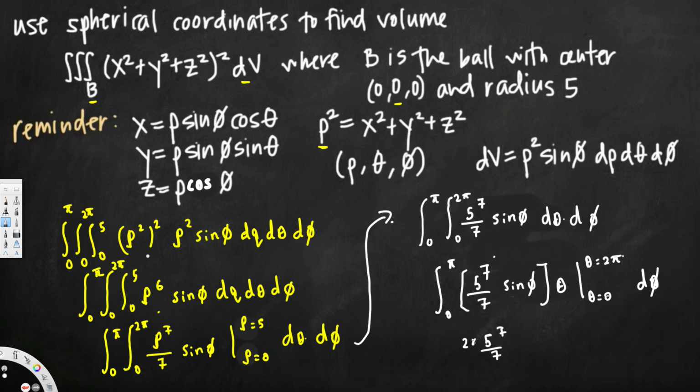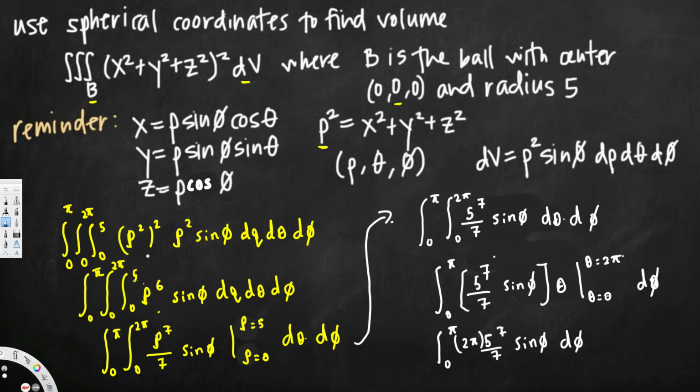I multiply everything by 2 phi, so 2 phi times 5 to the power 7 divided by 7 sine phi, and that's it. If we place 0, that's going to be minus 0, so we don't have to plug that one. And here we are going to have 0 to phi d phi, and if we integrate this one with respect to phi, this is going to turn into negative cos phi.